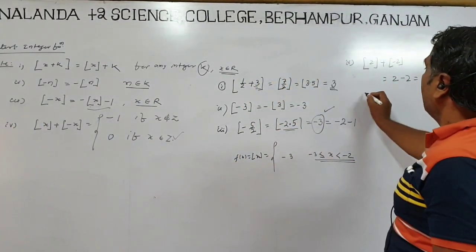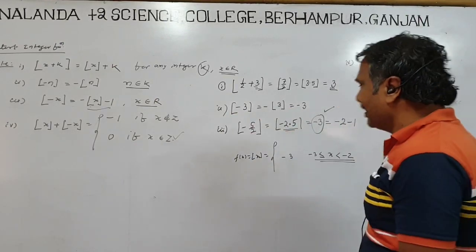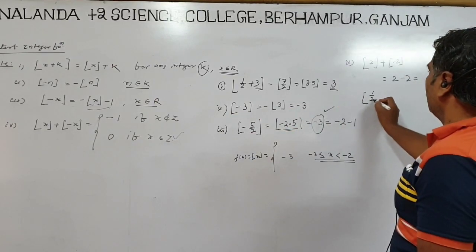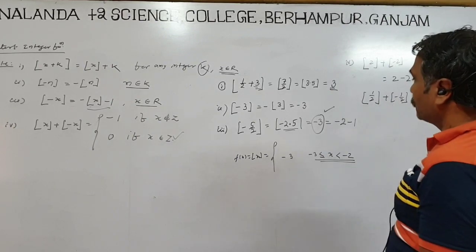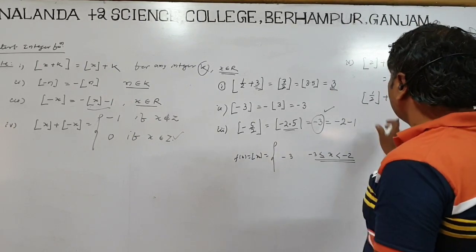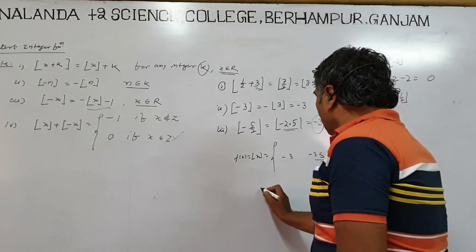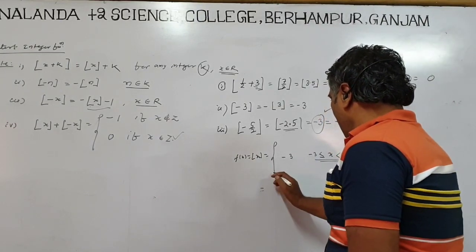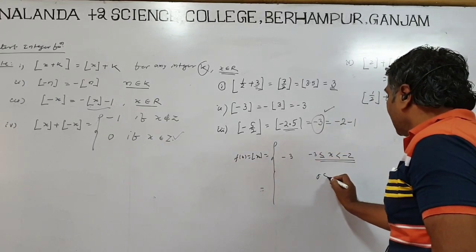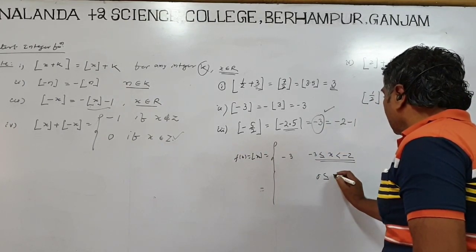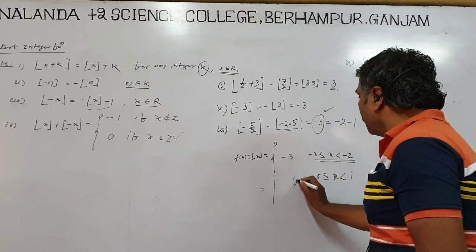If x is not an integer, let us say 1 by 2 and minus 1 by 2. So 1 by 2, what is the greatest integer of 1 by 2? It lies in 0 less than or equal to x less than 1, so 0.